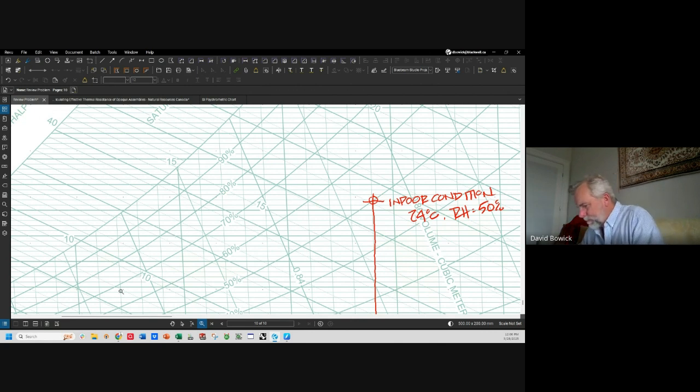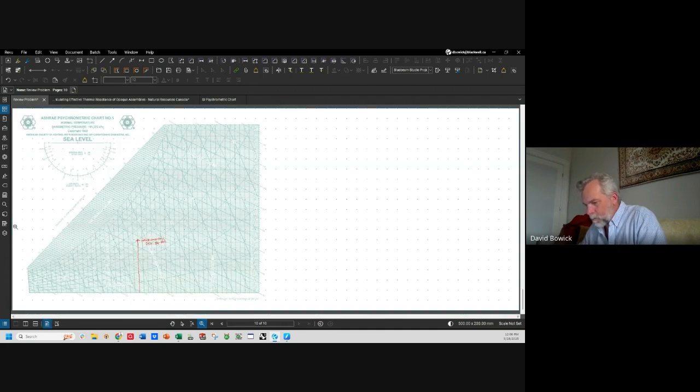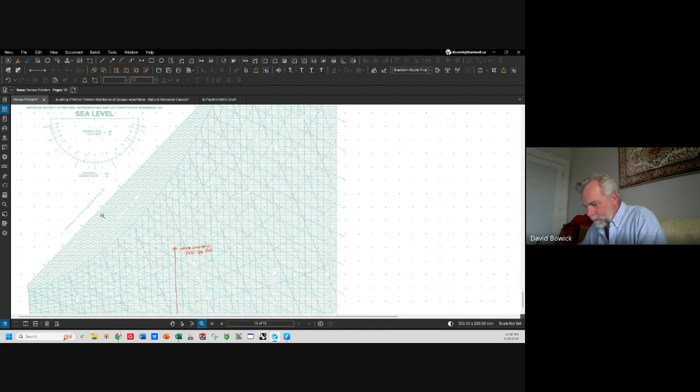Sorry, lost my train of thought here because I'm not zooming properly. Okay, we have a constant moisture content. Outdoors, we know we're at minus 20.